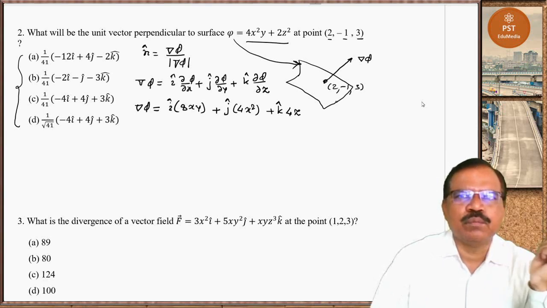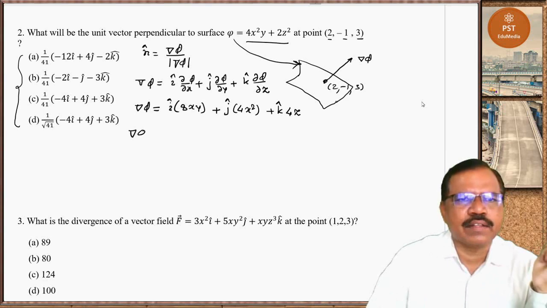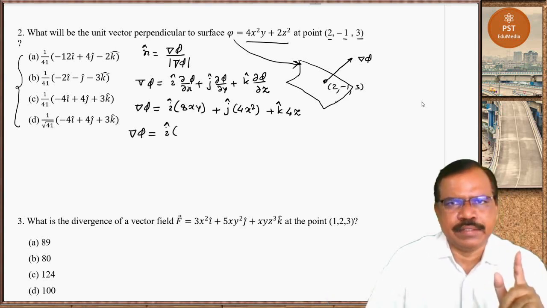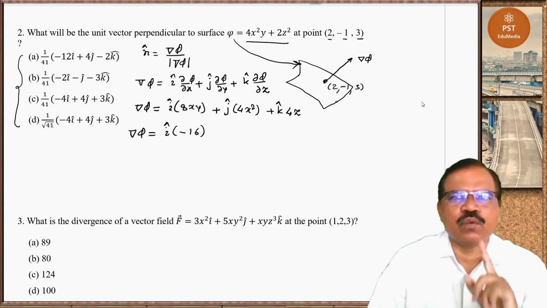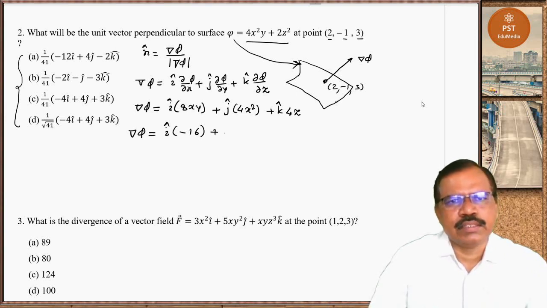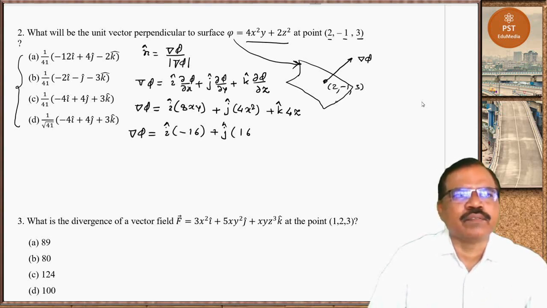Now use 2, minus 1, 3. So del phi is i times 8 into 2 into minus 1, so minus 16, plus j times 4 into x square, so 4 into 4, that is 16.